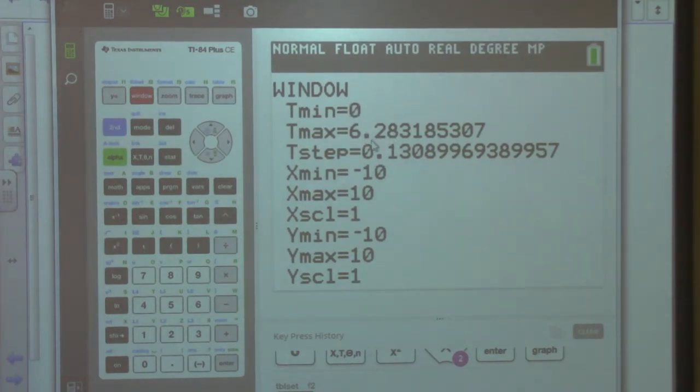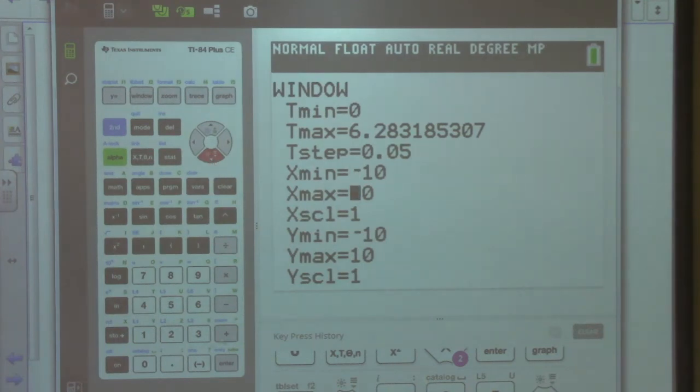That's long enough for a 400-foot baseball to go, so we can leave that alone. I'm going to change this T step to 0.05, as we've been doing for the other problems. You remember that? You can even change this for even better resolution than that, perhaps.